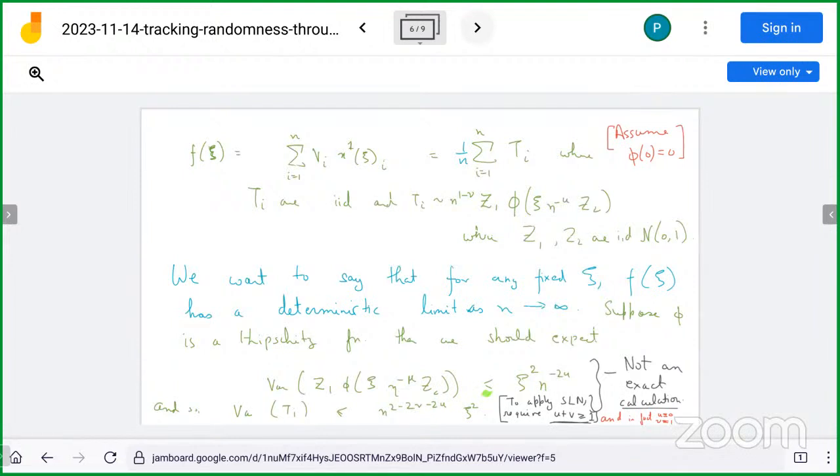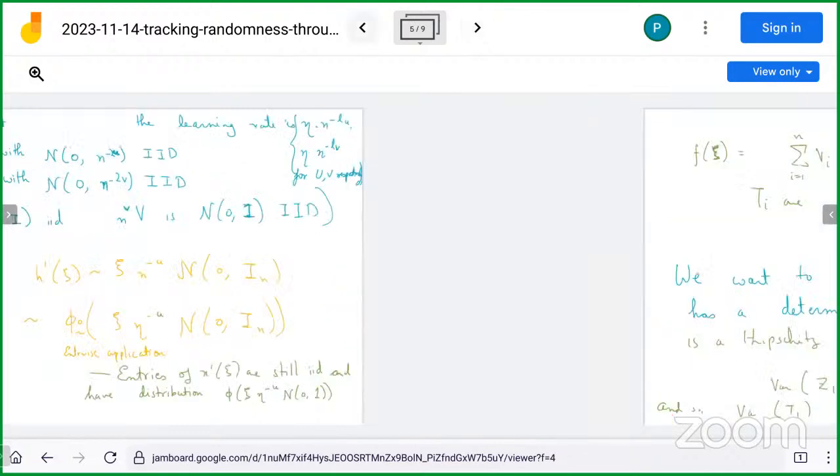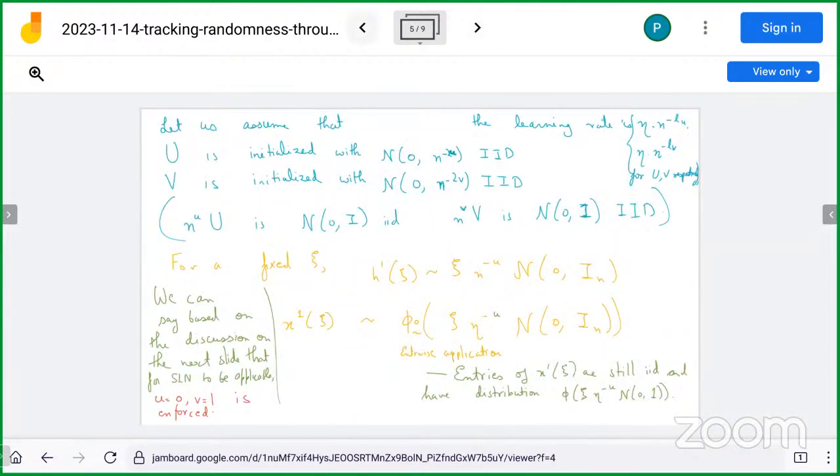So it's saying in the first layer, that vector should have IID constant coordinates, and then the second layer vector should have what? Something like 1 by root n should be a standard Z. V is 1.